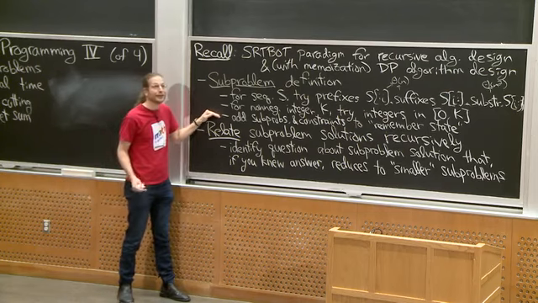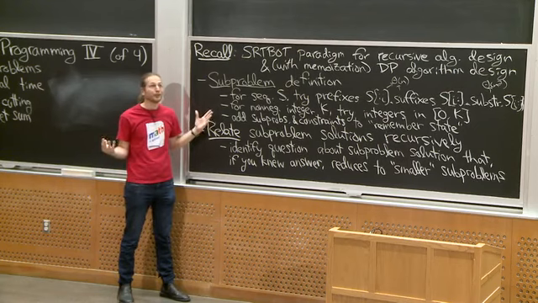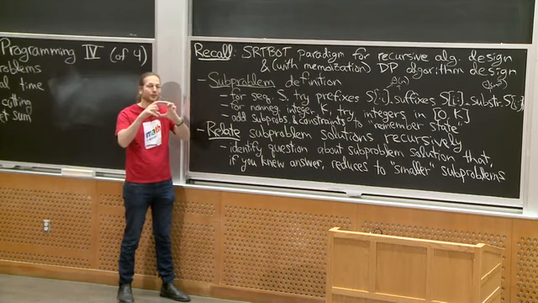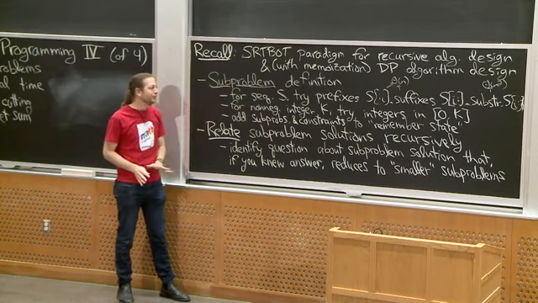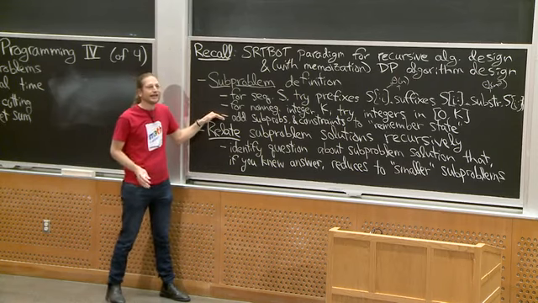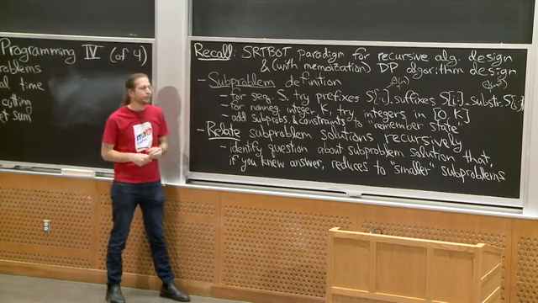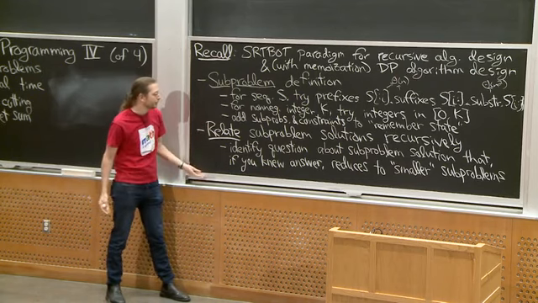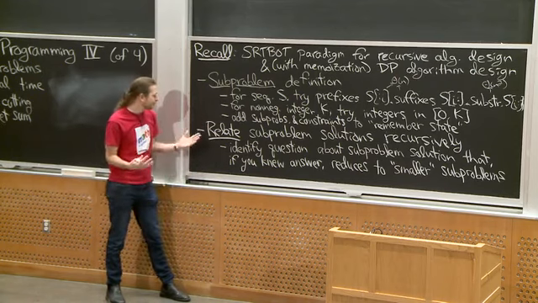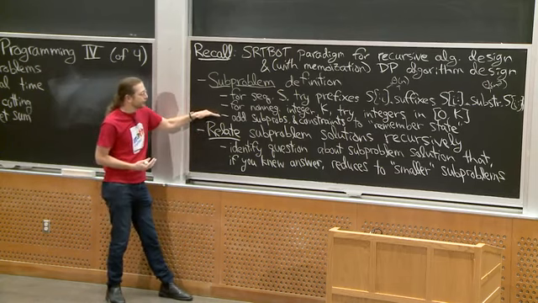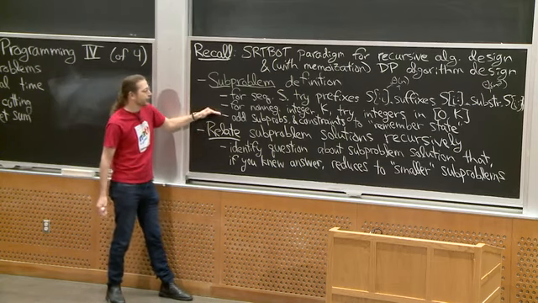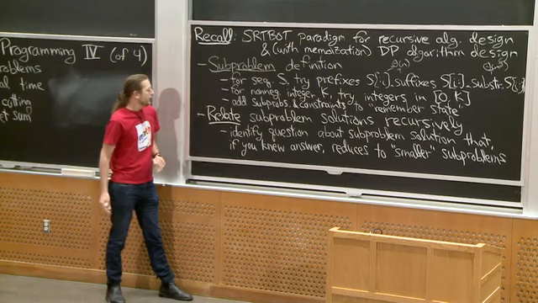You can also use it to play Super Mario Brothers optimally if you have a constant-sized screen, and all you need to remember is what's in the constant-sized screen. If everything outside that screen resets, you can just add that state as a parameter to your subproblem, and you'll be able to solve Super Mario Brothers. Anyway, very useful, and that was the focus of last lecture. We won't talk about it much here today.